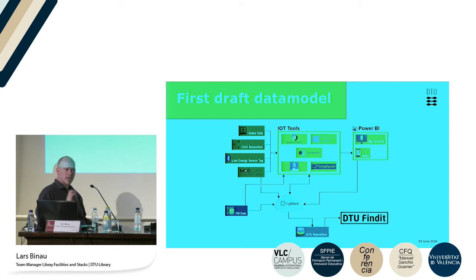And we'll give it a DOI when we put it into Figshare, so then it can be used for research and for articles. And all of this will be connected to our library system, so when you search for something in our library system, you can also get packages of data.